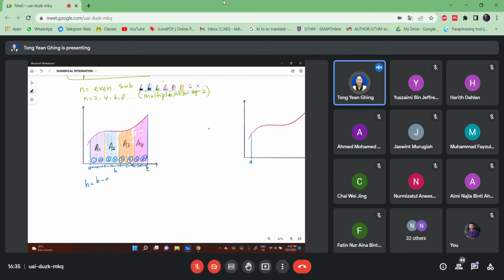H is B minus A divided by N, where N is the number of segments. If the step size is not given, you have to find it using this formula, and you have to remember it.